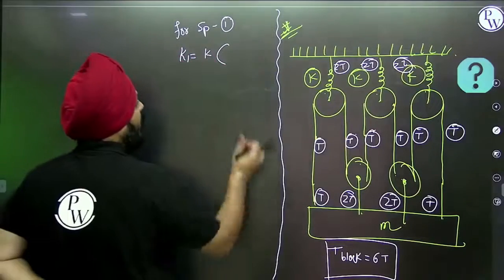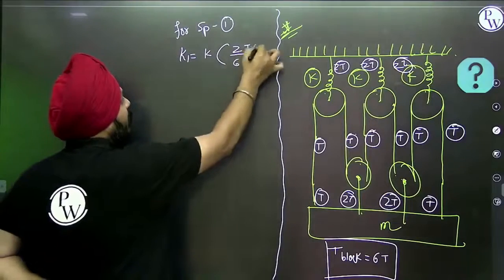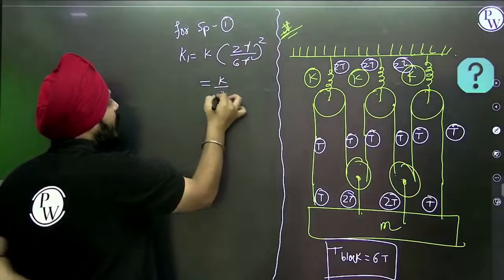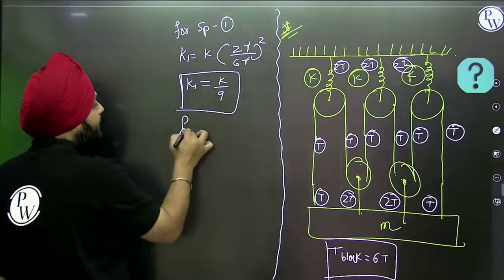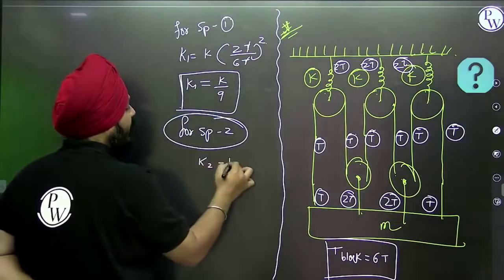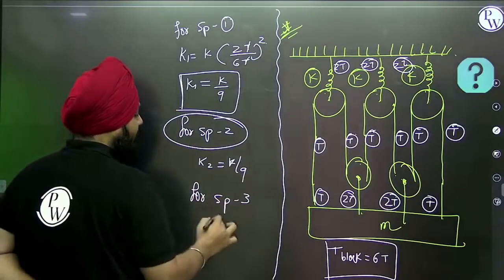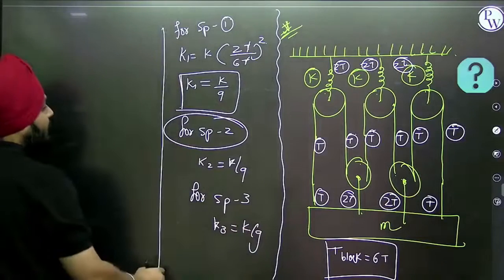So it's tension on block 6T by tension on the spring 2T, whole square. This is going to cancel, so it is equal to K by 9. For spring 2, again the calculation is going to be K by 9. For spring 3, again K by 9.